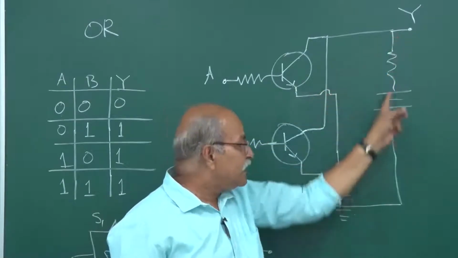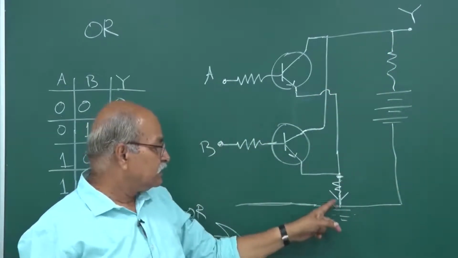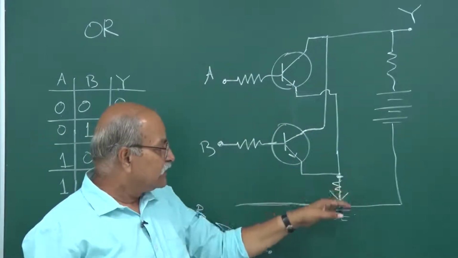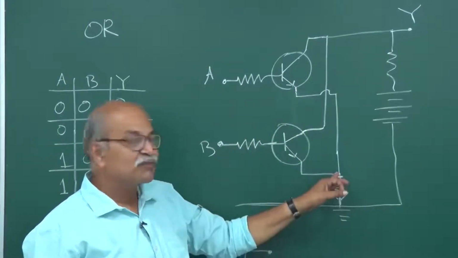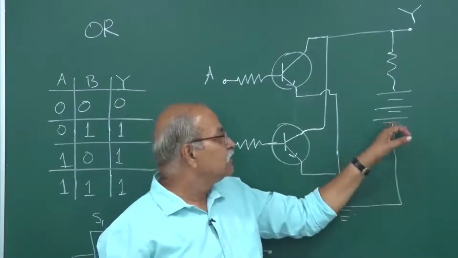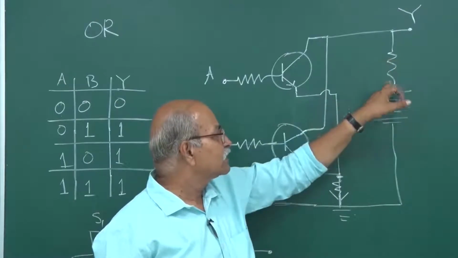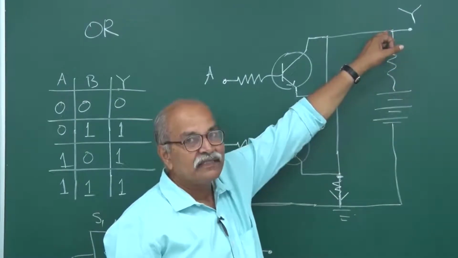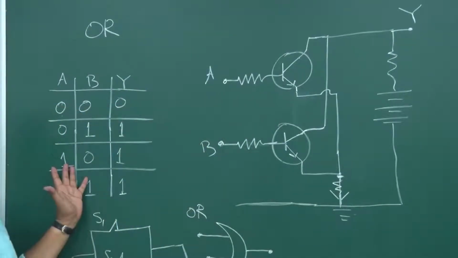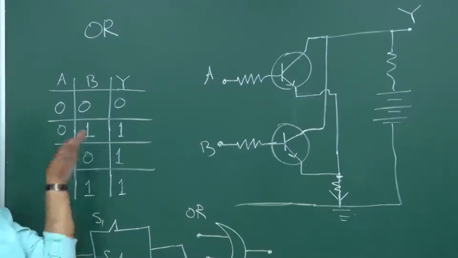And if there is no current in this, if 0 0 no current, then this potential is same as this potential, this is low. But if this is low, then you have no current here, so this potential appears here and that is high. So it is just opposite of this, it will be just not of this.